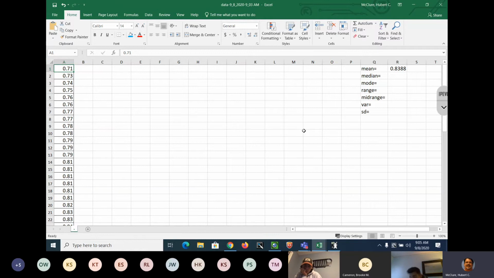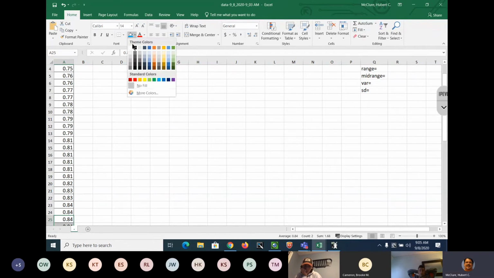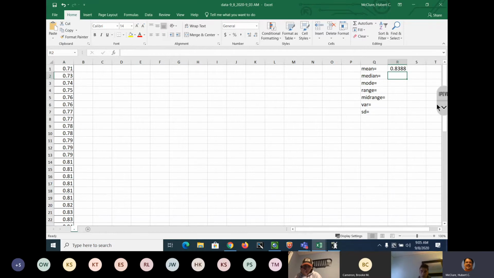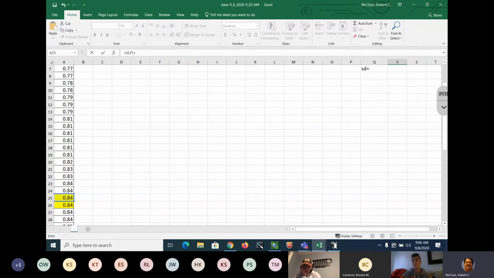So I'm just going to go down to 24. There. And then these two numbers right here, 25 and 26, are going to be our median. I'm going to take the first one plus the second one and add them together and divide by 2. Now I do realize that it's going to be 0.84, but they're not always going to be the same number.